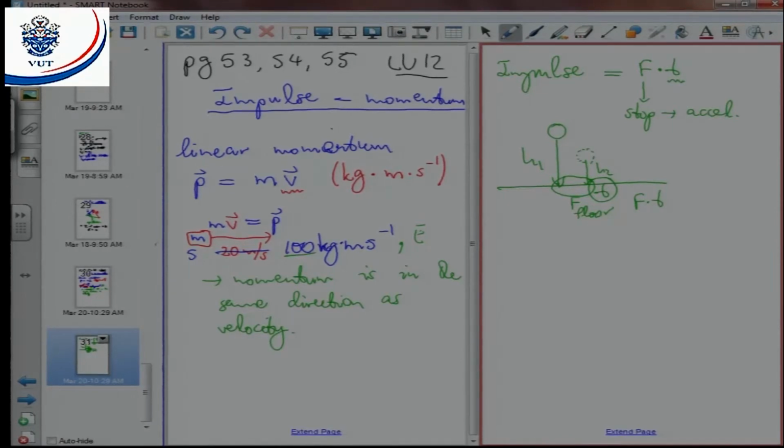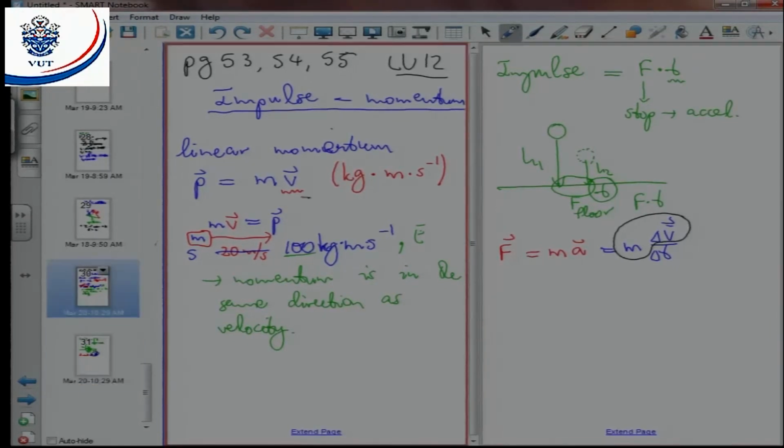Okay, so from Newton's second law, we have learned that F is equal to ma. We know that acceleration is the rate of change in velocity. So now, if I group the mass with the velocity, that's our definition of momentum, right?